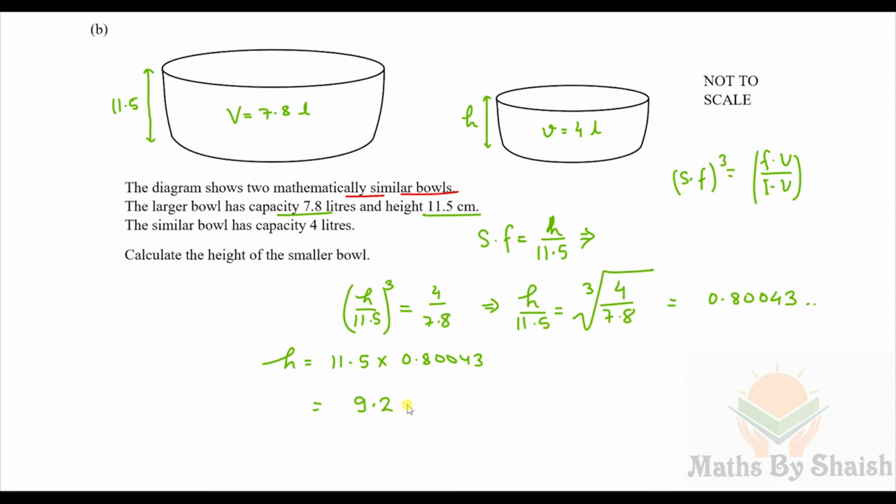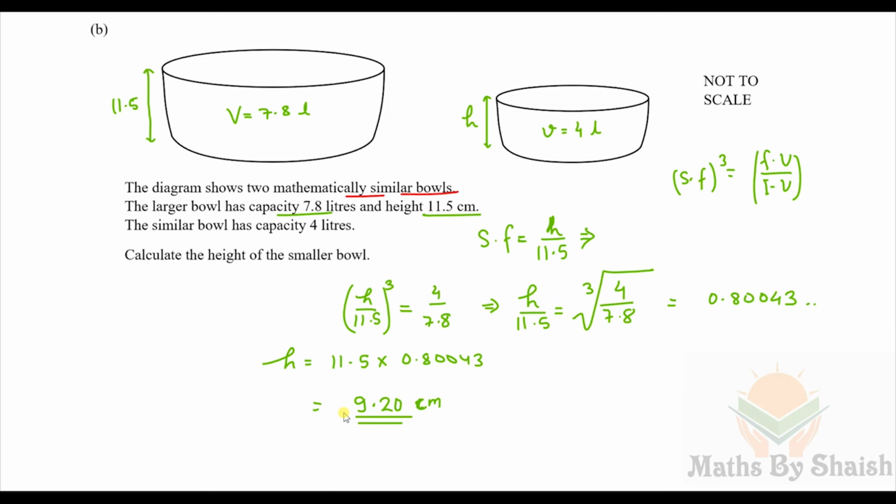So till 3 significant figure, it is going to be 9.20 or 9.2. This will give centimeter because earlier ratio was also in the centimeter. Now I hope it is clear. Let's discuss the next question now.